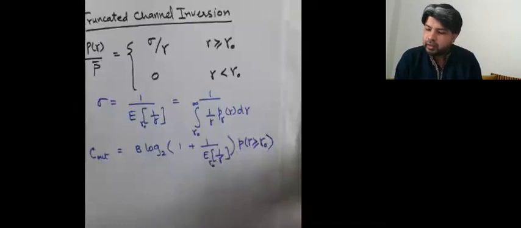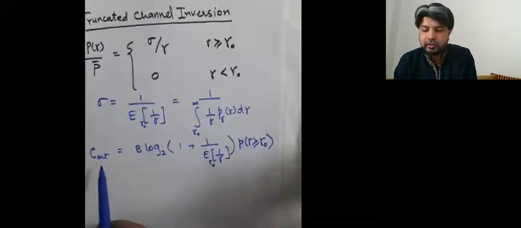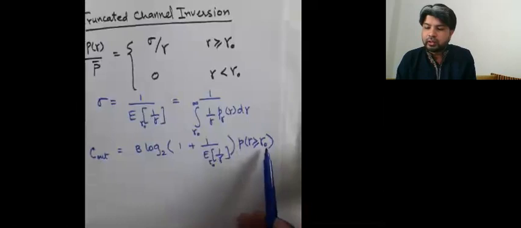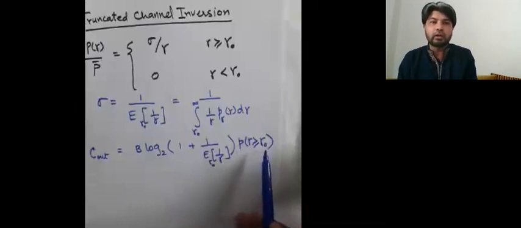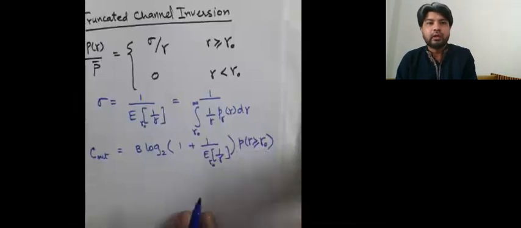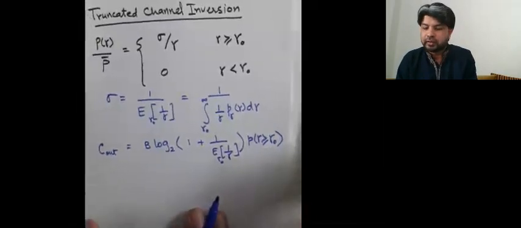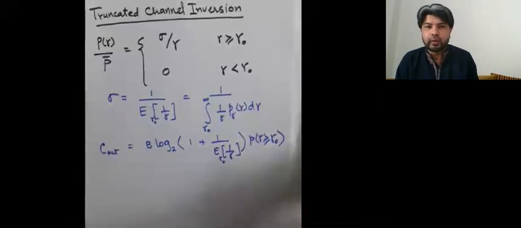And then what gamma naught you must take becomes an optimization problem. So this is your capacity with outage when your acceptable signal to noise ratio is gamma naught. But what gamma naught would give you the maximum capacity is an optimization problem itself.